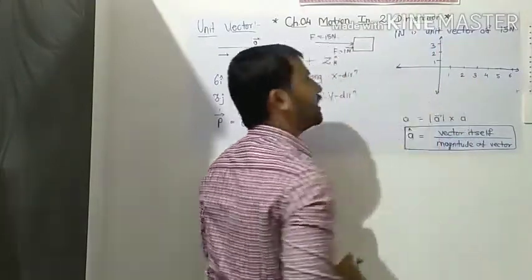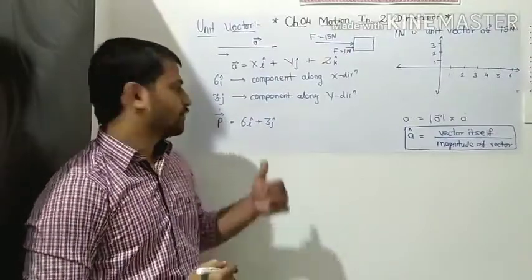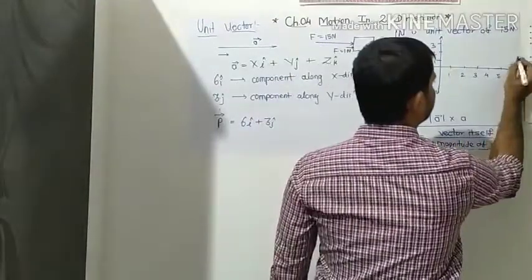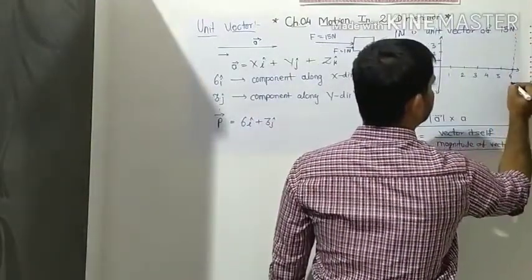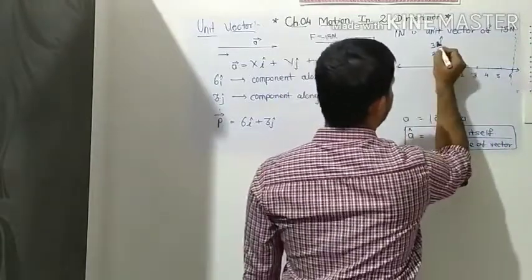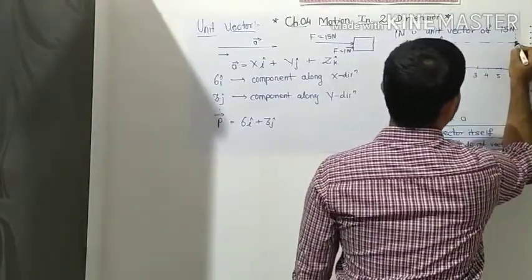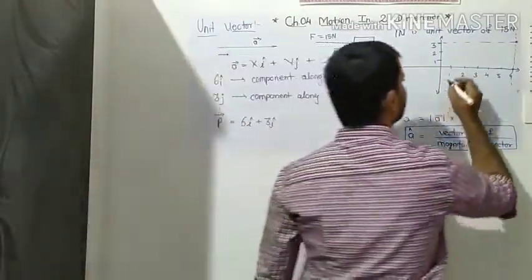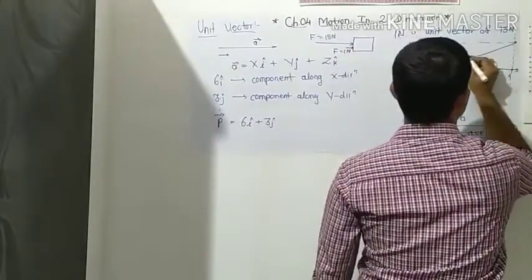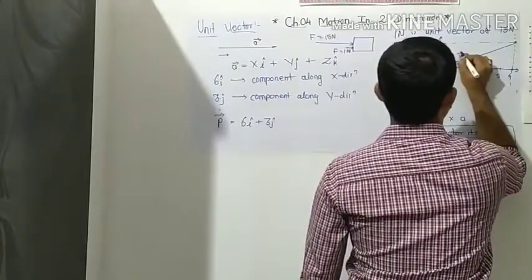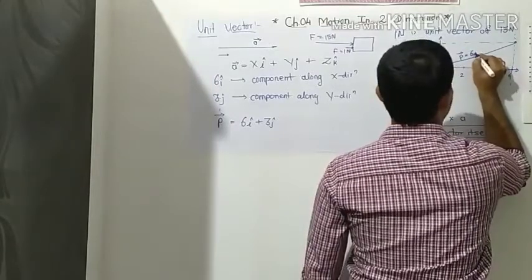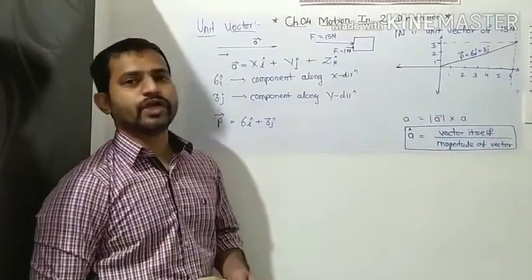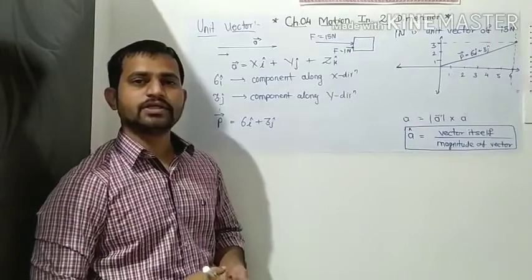Okay, so if we have to find the position of that vector p, then we just have to draw a perpendicular from here. Then the perpendicular from this y component will give you the position of the vector p. So if we connect this line, this will represent the vector p is equal to 6i cap plus 3j cap.